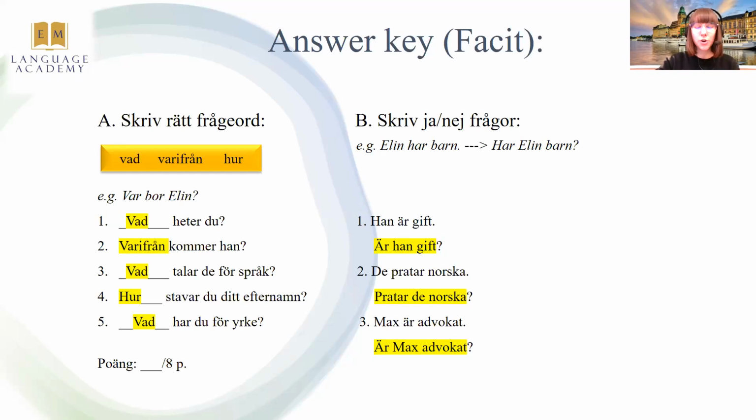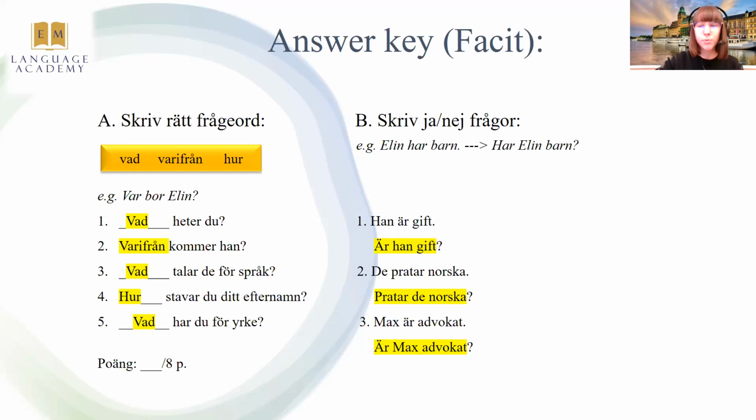Then exercise B, ja och nej frågor, yes or no questions. The answer to the first question is han är gift. We begin with the verb itself. So, är han gift? Is he married? Then, de pratar norska. They speak Norwegian.